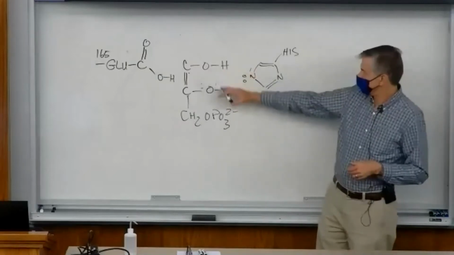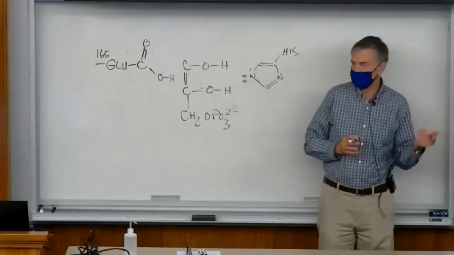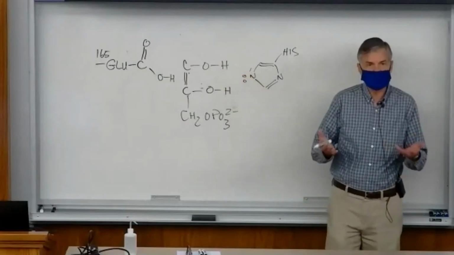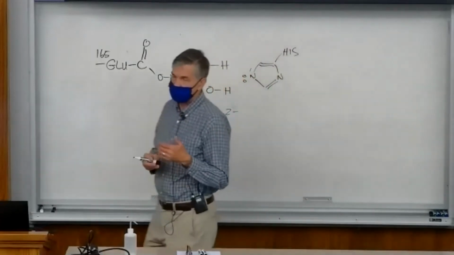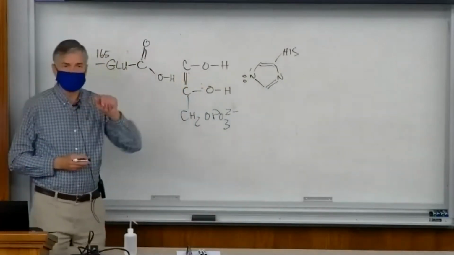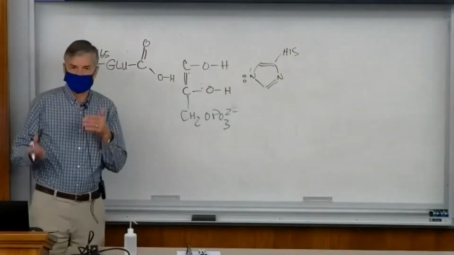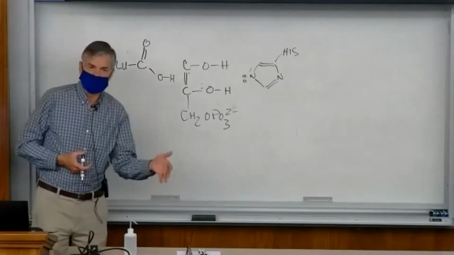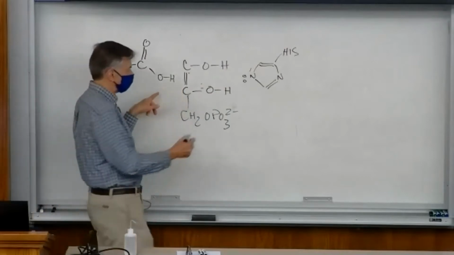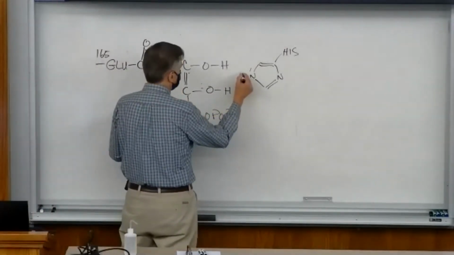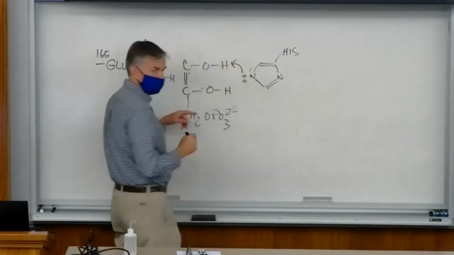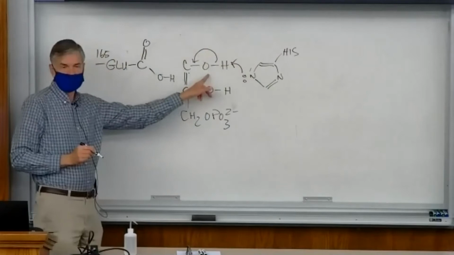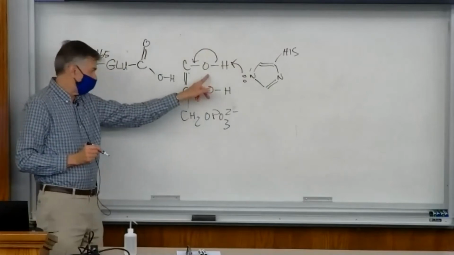Okay, so at this point we could go either way, right? This pair of electrons could abstract either of these, and that is the case, that this enzyme is reversible and it is driven by the substrate product ratio. So if we have high levels of dihydroxyacetone phosphate, then we are going to now remove this proton, and we're going to regenerate a carbonyl, but now on the 1 carbon.